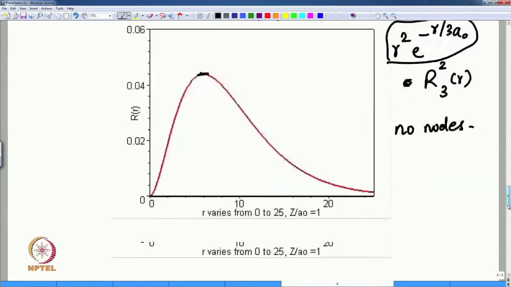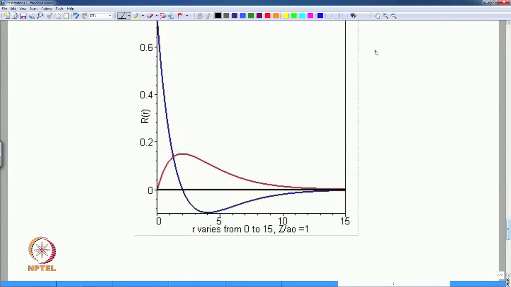Therefore, the Laguerre polynomials which are there for various values of n and L are basically polynomials, and the degree of the polynomial is n minus L minus 1.